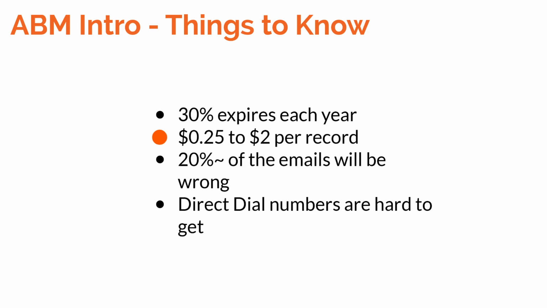Now, what you start to get into up to $2 a record is the companies and the organizations that have all of these tools. They're paying for expensive tools on an ongoing basis, and all of these tools are giving you things like validated emails. They've already gone through the validation process, maybe with datavalidation.com or any other tools that are out there. They're validating and ensuring that they're accurate, and they're also providing direct dials, which are notoriously hard to get.